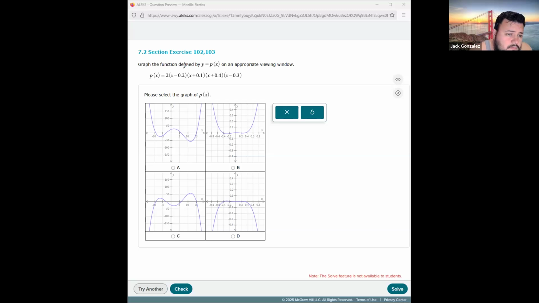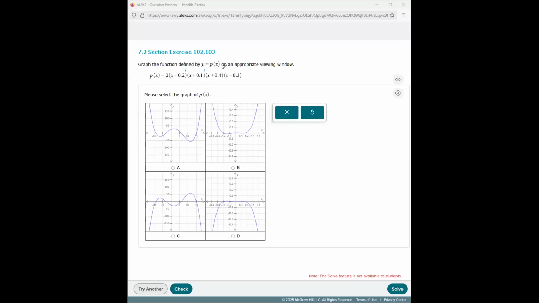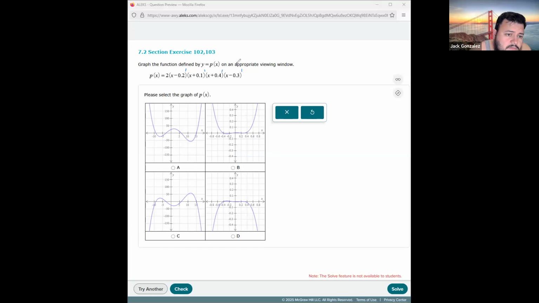And we have 1 factor, 2 factors, 3 factors, 4. So 4 is even, right? So it has to be opening upward, because it's positive and it's even. So right away, these are wrong, right?